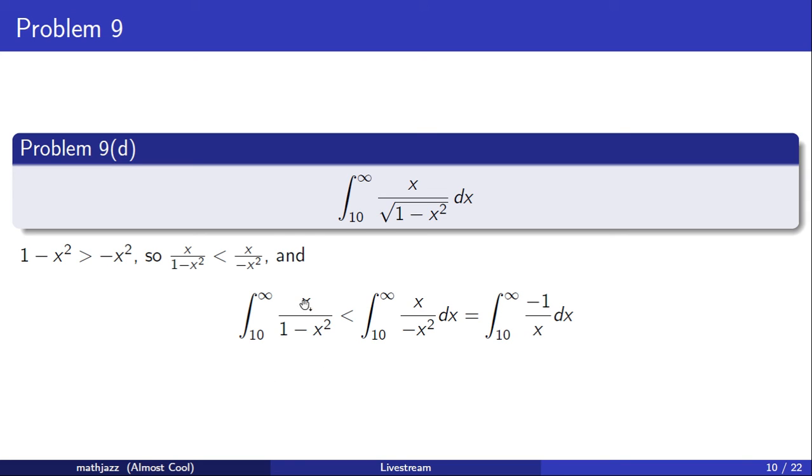And this x over negative x squared is just negative 1 over x. That diverges to negative infinity. The fraction we were given is less than a fraction that diverges to negative infinity. So it's also going to diverge to negative infinity. Okay, so that gives us problem 9.